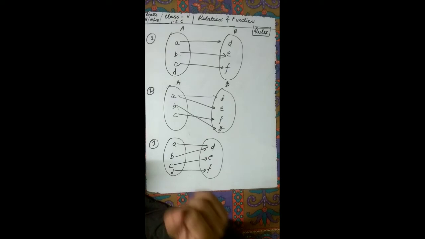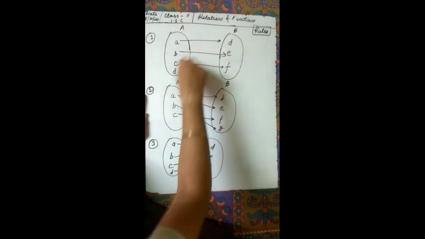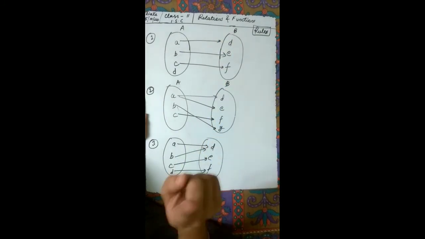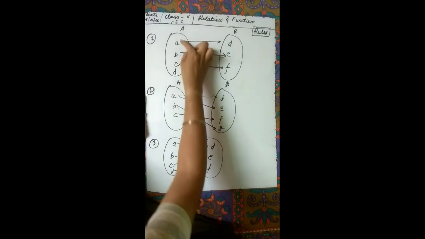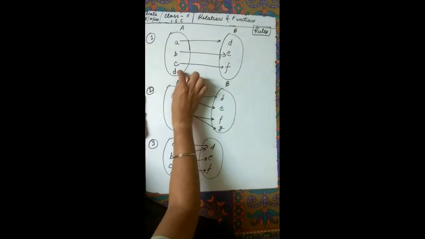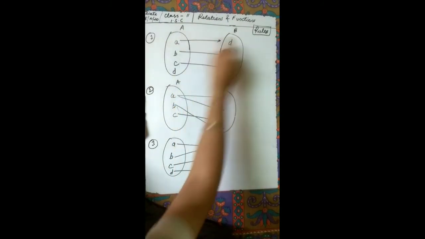So how does a relation change into a function? The very first, I'm explaining: this is the A set and this is the B set, which we have seen in relations in the arrow diagram. I'm taking 4 elements in this domain. We consider this as the domain, and this is the range.